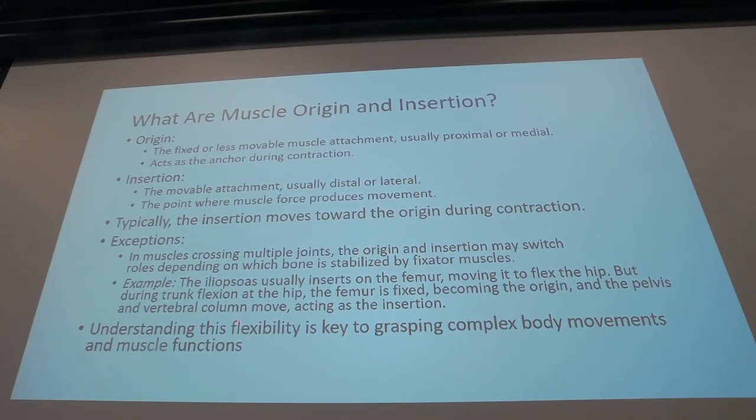And it has several points of origin in the vertebral column, in the lower lumbar vertebrae, so that we can have this acting as insertion when we do this movement. So we can do this with the iliopsoas, but also we can do this.